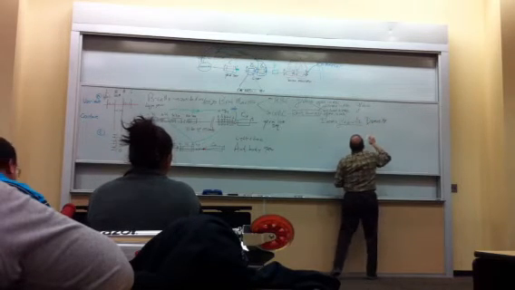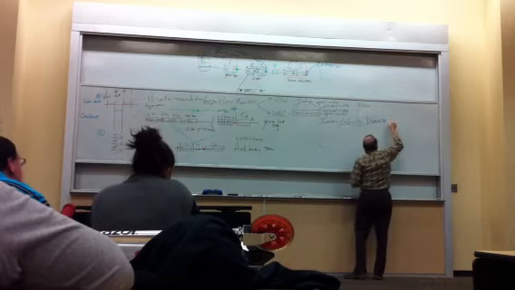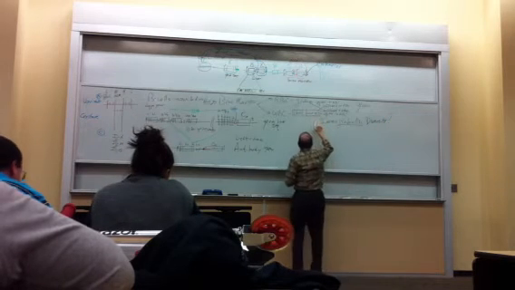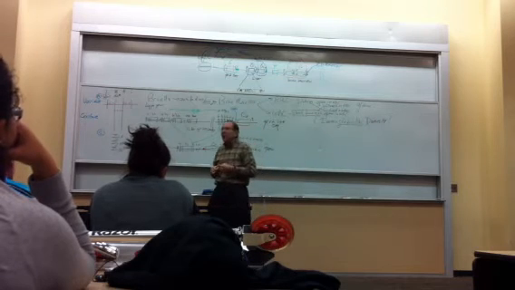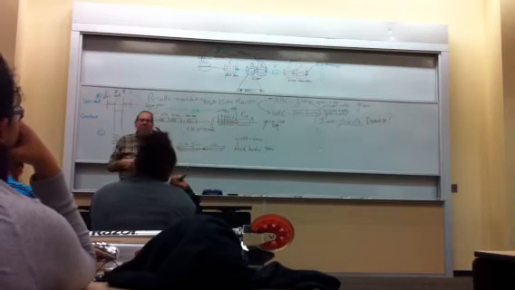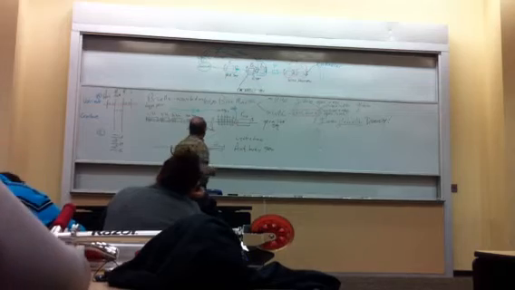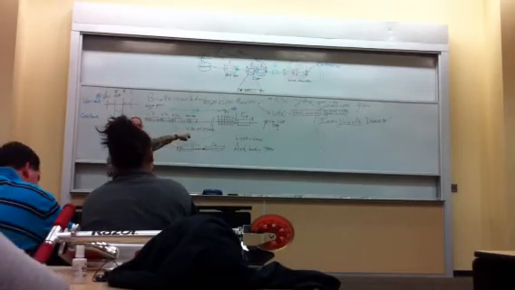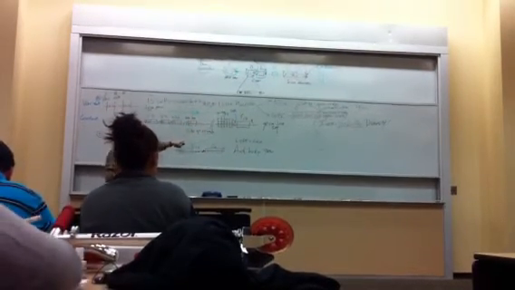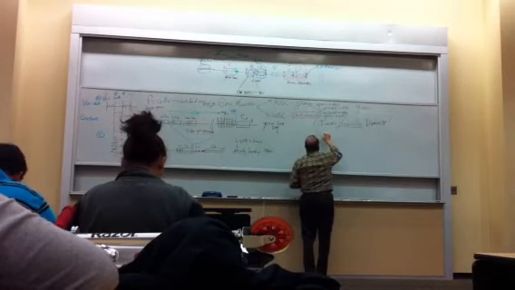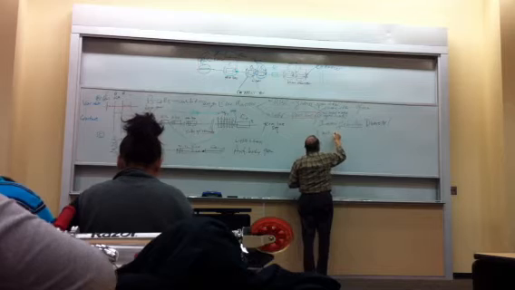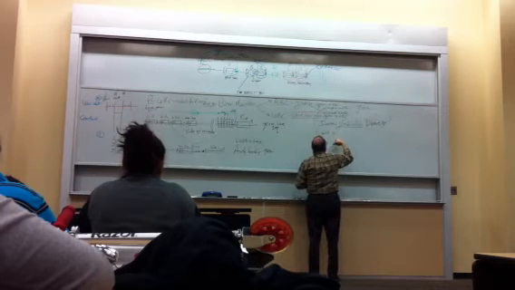So, immunoglobulin diversity. How do we get tens of millions, even hundreds of millions of proteins from kappa and lambda and heavy chain? First of all, we have multiple variable regions.